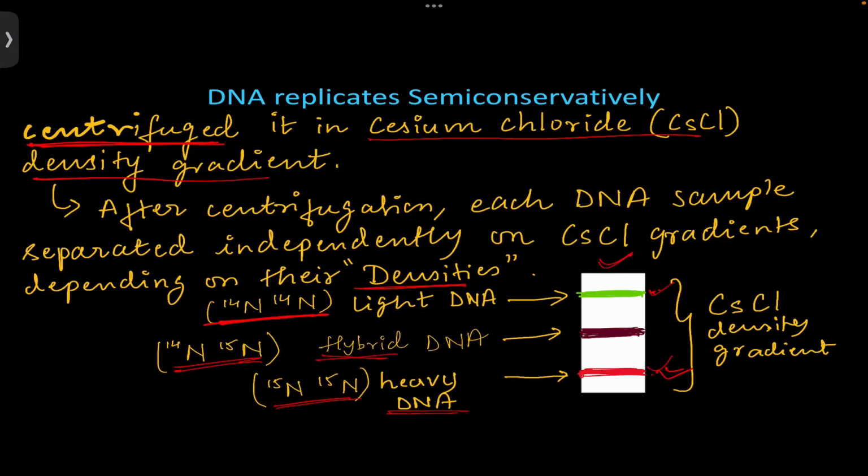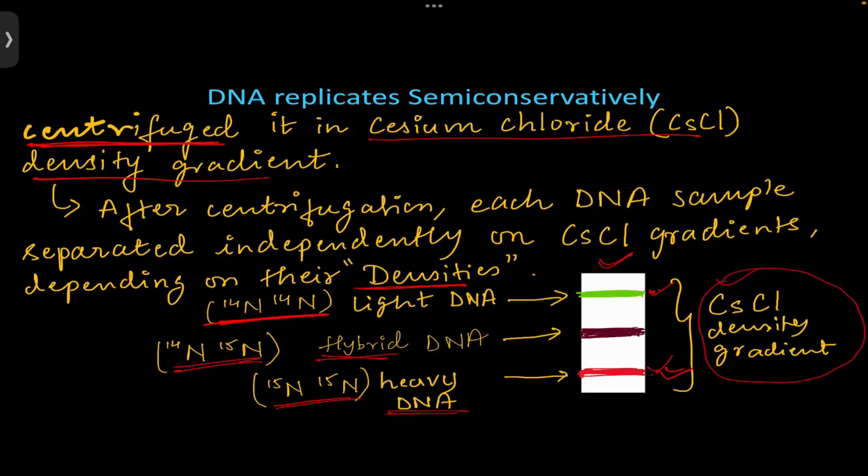So from this we can expect three types of DNA molecules: light DNA, hybrid DNA, and heavy DNA, and they will get separated based on their densities within the cesium chloride solution after centrifugation. This is called cesium chloride density gradient.